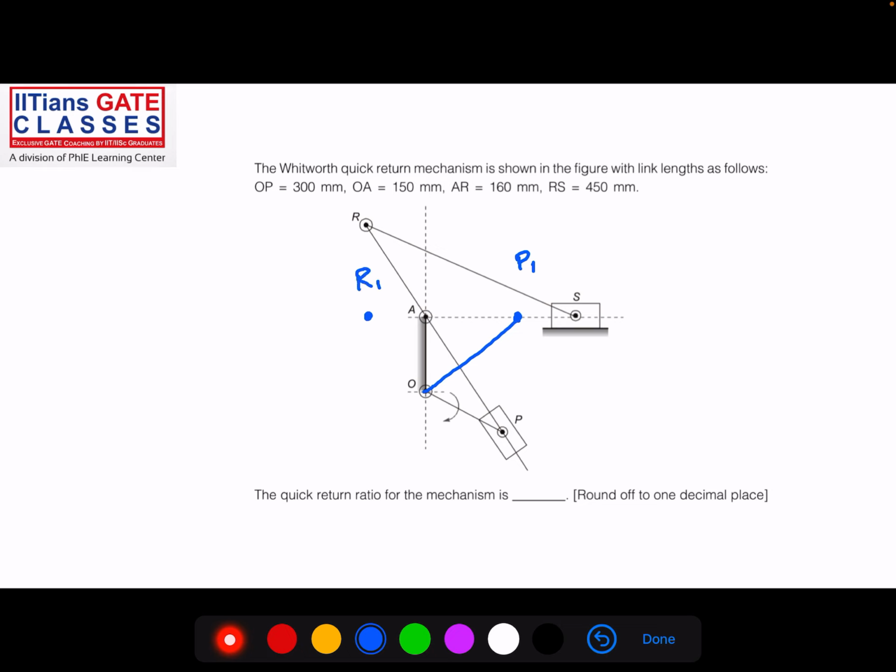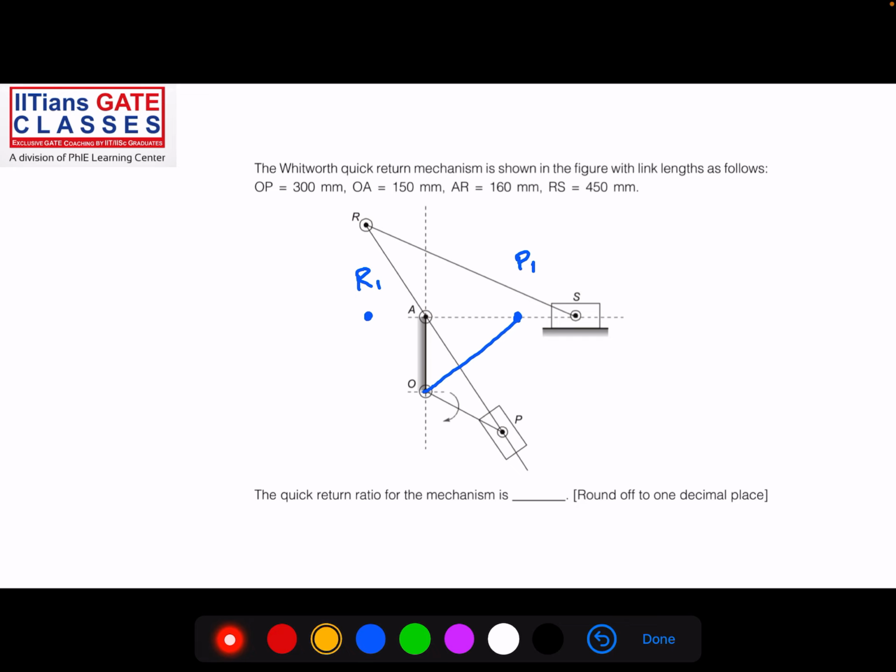You can see R1S will be somewhere here, so the slider will be at its left extreme, because RS will be a straight line. The point S will be somewhere here, and this ram will be at its left extreme.